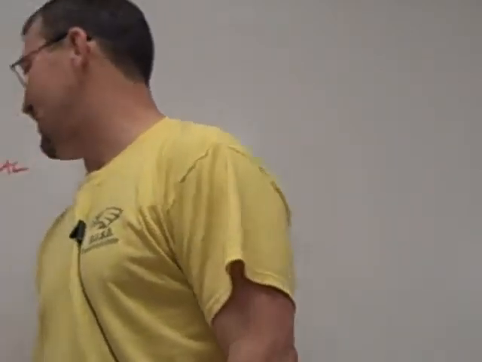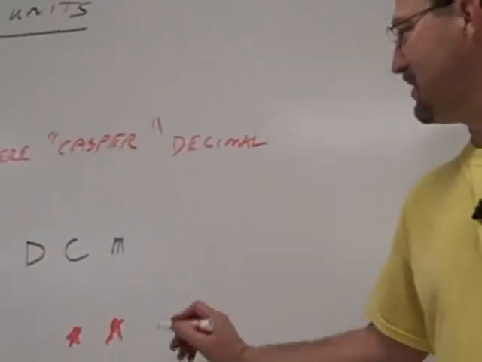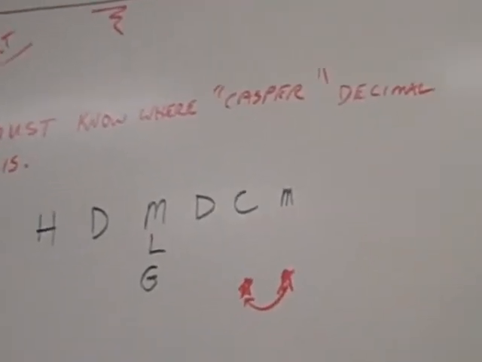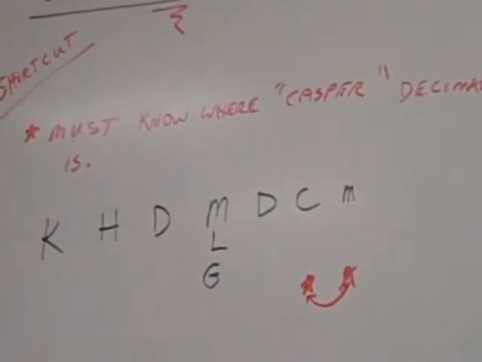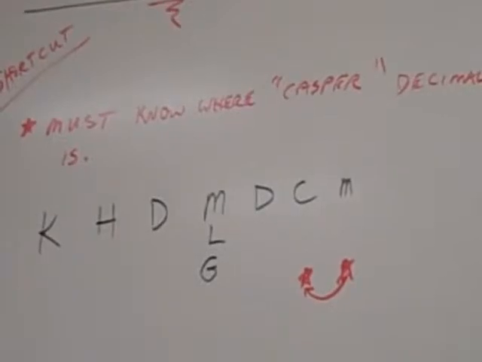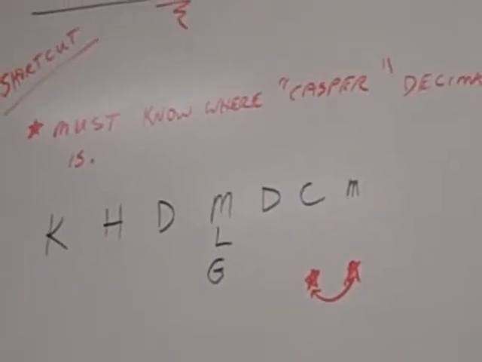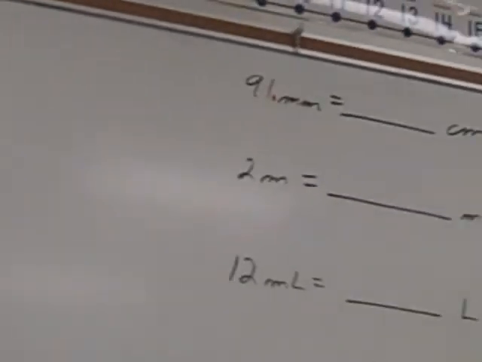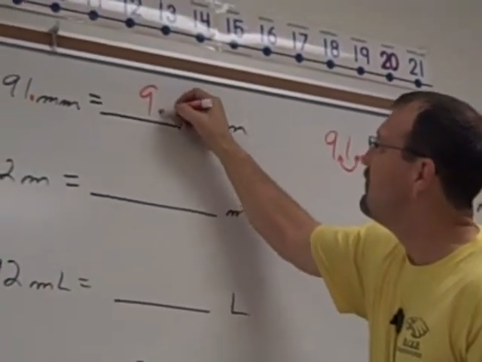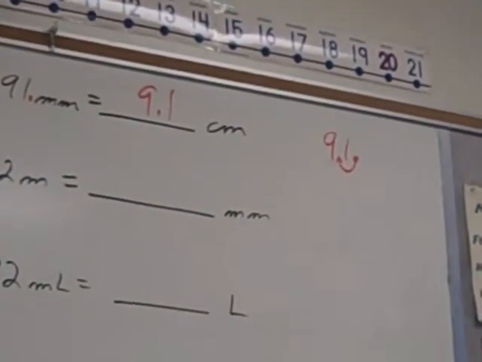Centimeters. One space over. Correct? 1 step. So the decimal moves the same direction, the same amount of places. 1 step. And where is it now? 9.1, just like we had when we divided.